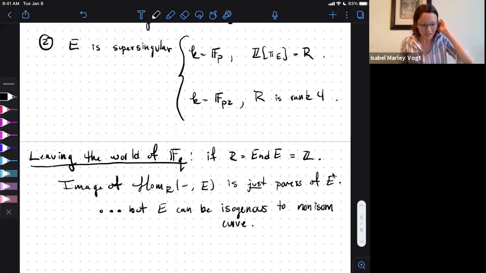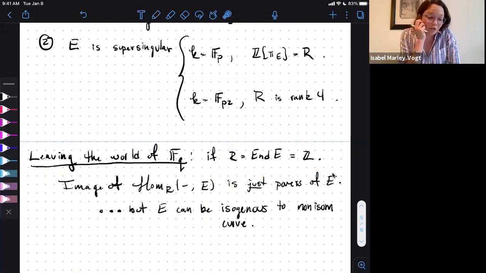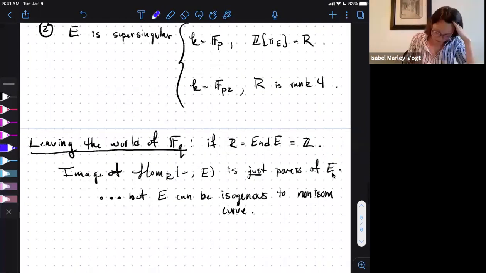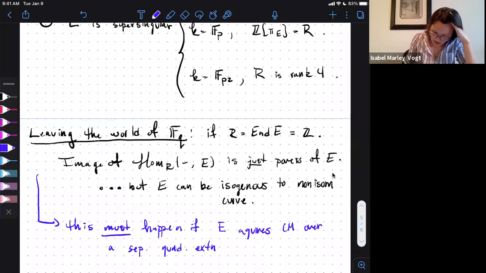So it looks as though this world of modules can't really tell you something about this case, or often can't tell you something about this case, that R is just Z. And in fact, a particular case where this must happen is if E acquires CM over a separable quadratic extension K prime over K. So that's what I want to say next.